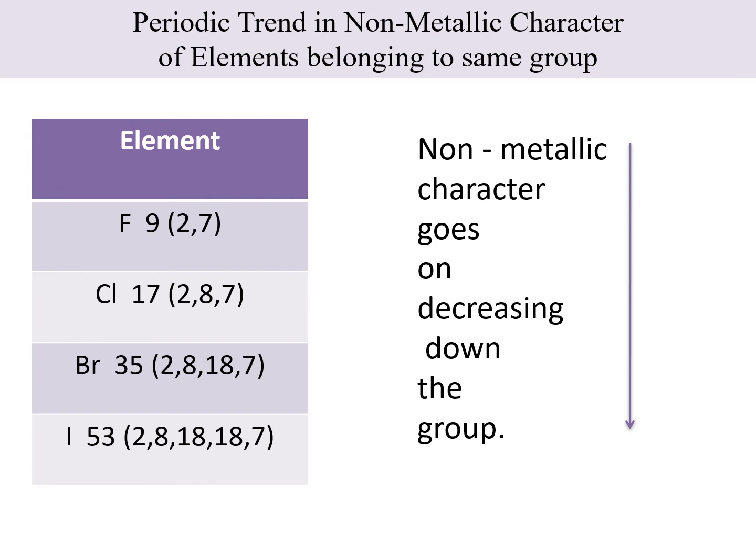So as we move down the group, we find that the reactivity in case of non-metals goes on decreasing, or the non-metallic character goes on decreasing. Non-metallic character, that is to attract an electron from outside and become stable. So this is the trend that is observed in the periodic table.